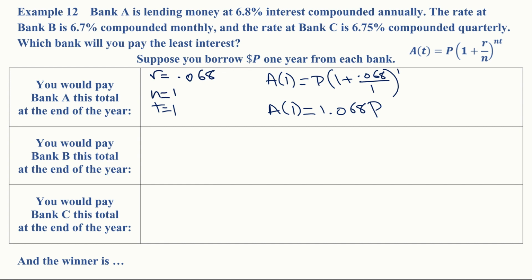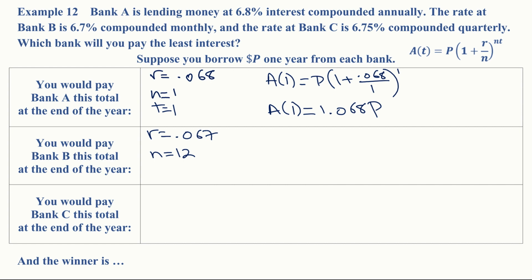How much would you be paying at the end of the year to Bank B if you borrowed from them? Well, remember the rate there is 0.067, right? It's compounded monthly. So N equals 12, right?